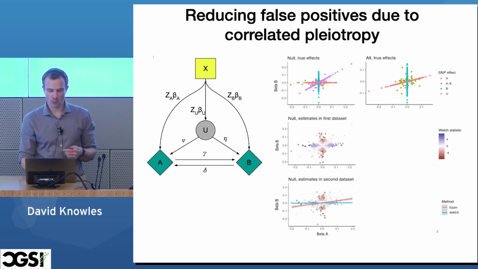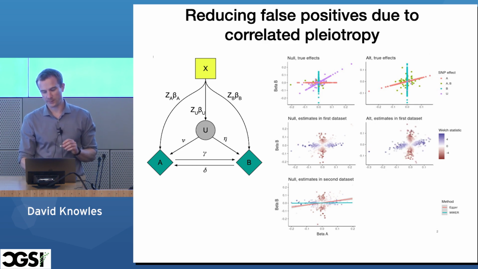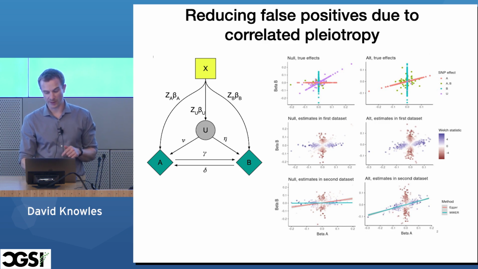And importantly, we still get good power when there is really an effect of A on B, so that's this setting, because the informative points still get significant weights. And so actually here, the estimate from Egger and the Welch-weighted Egger regression end up being very similar.